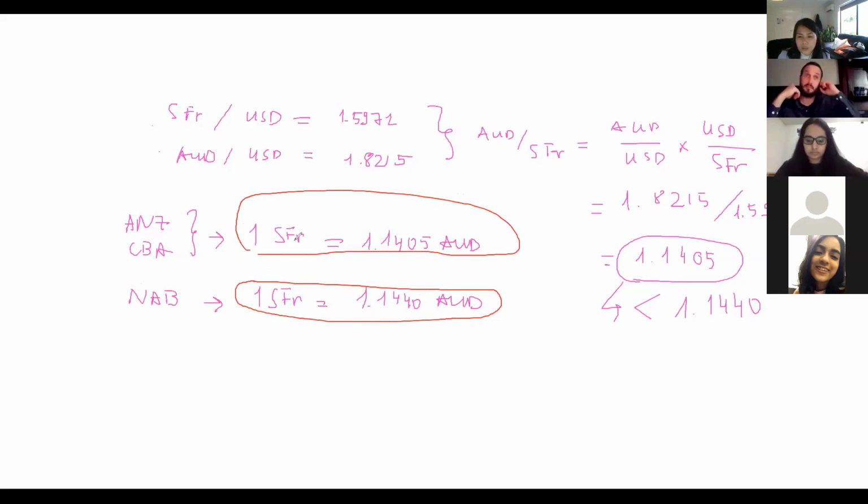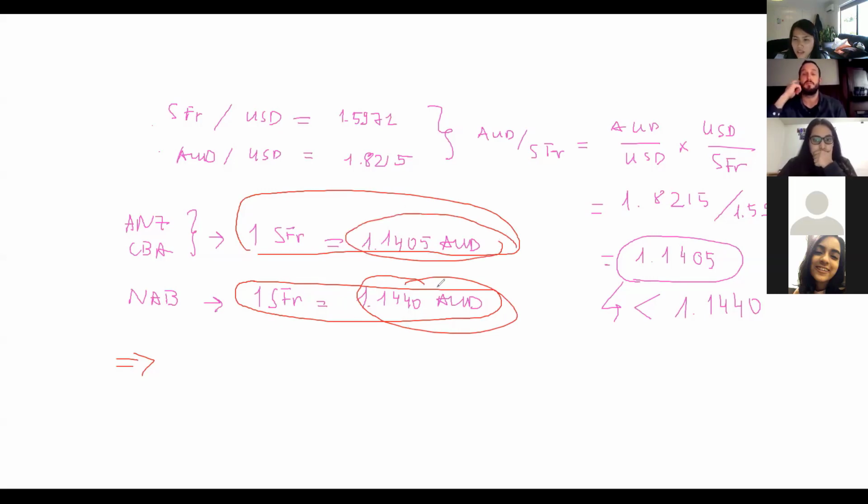Given this mispricing, what do we want to do? You can short sell at NAB, Australian dollar over Swiss franc, and buy in ANZ Bank. Exactly right, spot on. I want to sell here and buy here, so that I earn a spread of 35 basis points between the two.